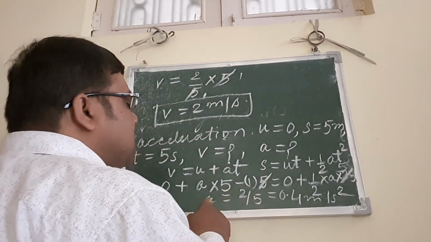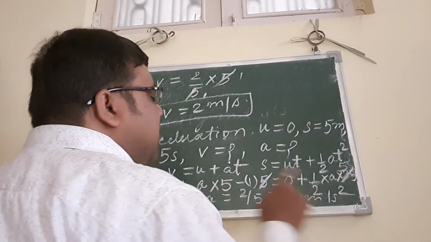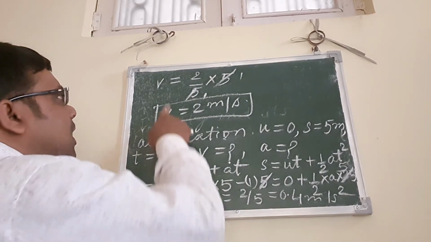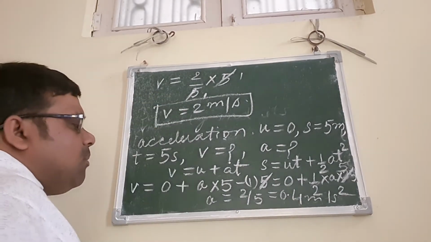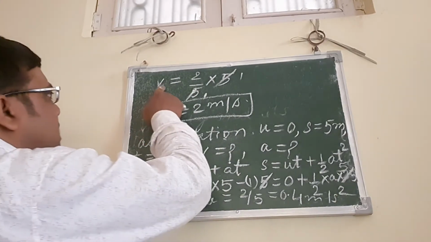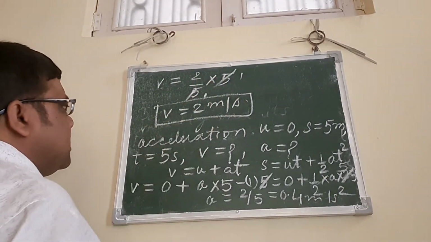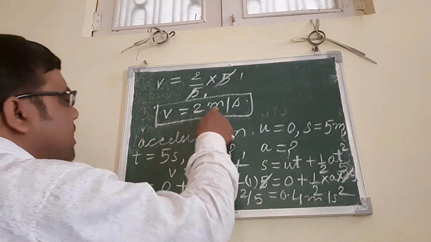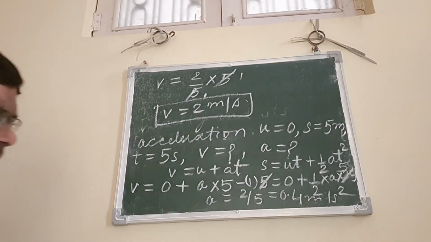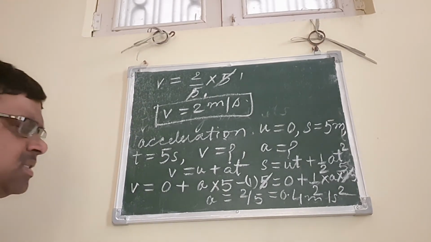So our acceleration is 2 upon 5, that is 0.4 meter per second square. Now substituting this value 2 upon 5 of the acceleration in the first equation, that is v is equal to 2 upon 5 into 5, 5 and 5 get cancelled. So the velocity becomes 2 meter per second. So this is our answer.